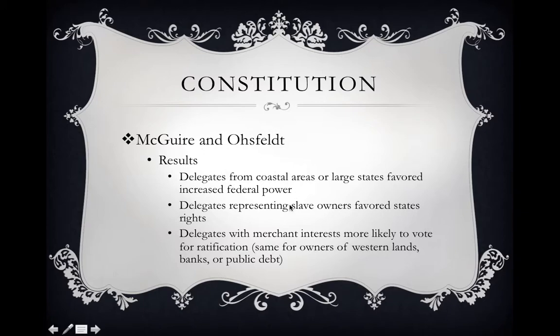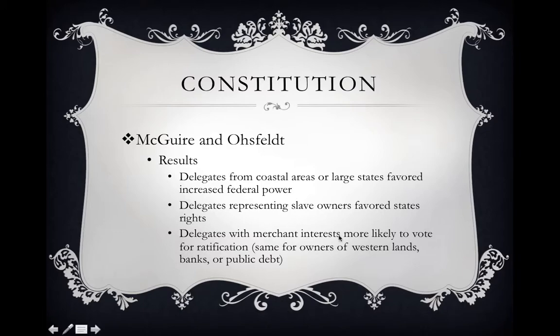If you take a look at the Constitution, individuals who voted against the Constitution were more likely to be from slave-owning states. All right, or individuals representing slave owners, if they were slave owners or from states that were particularly reliant on slavery, they were against the Constitution.